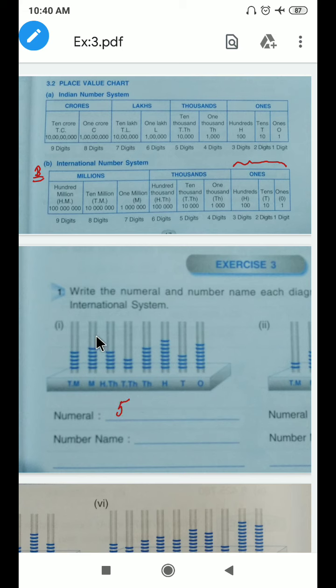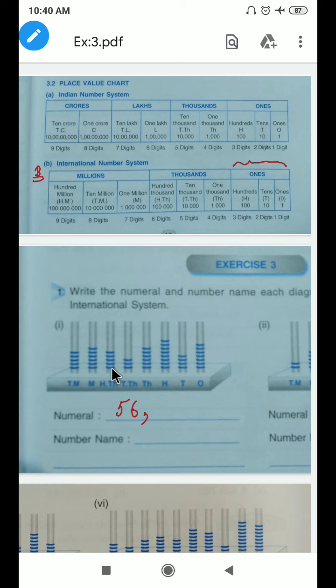Then in million room, how many rings are there? 1, 2, 3, 4, 5, 6. So write here 6. And this is 10 million, this is million, so one room is covered, so put here one comma. Then come to the 1000 room.